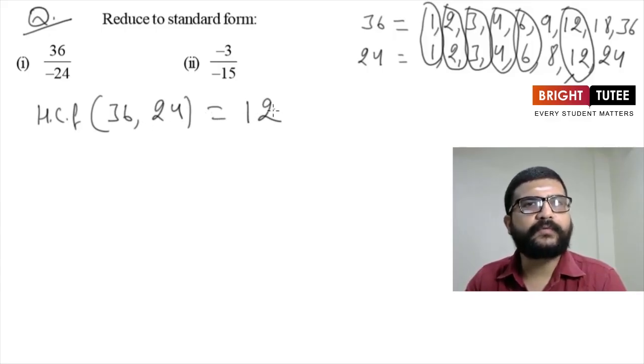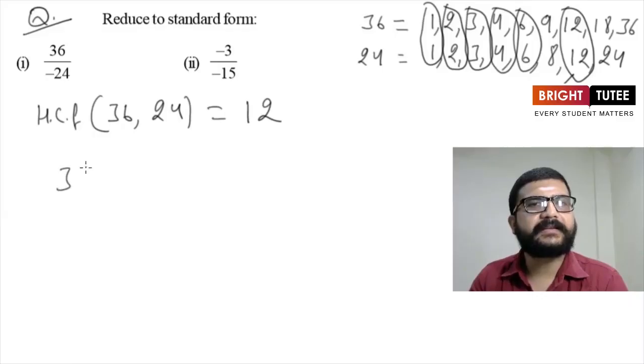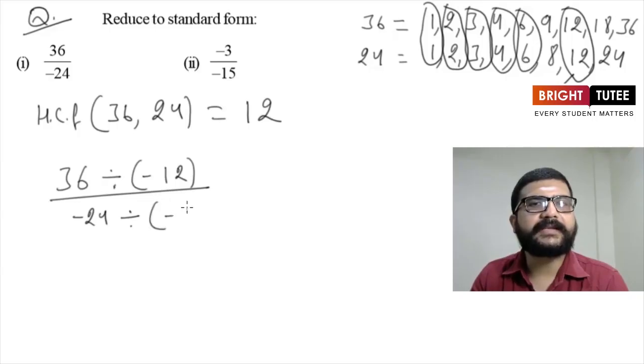Now what are we going to do? We are going to divide both numerator and denominator by minus of HCF, because here the denominator is a negative integer. We have to make it a positive integer. So let's divide 36 by minus 12, that is minus of HCF, upon minus 24 divided by minus 12.